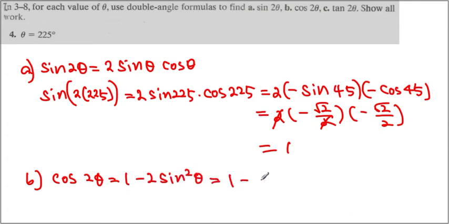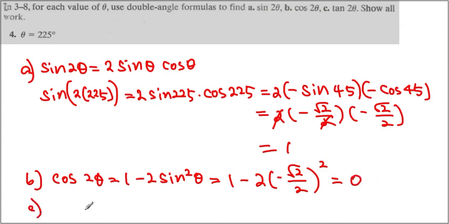Now that means 1 minus 2 sine of 225, as we know, because that's what we have to plug in for the angle theta, is in fact equal to negative radical 2 over 2 squared. Then we get to realize that this becomes 1, and then 1 minus 1 becomes 0.